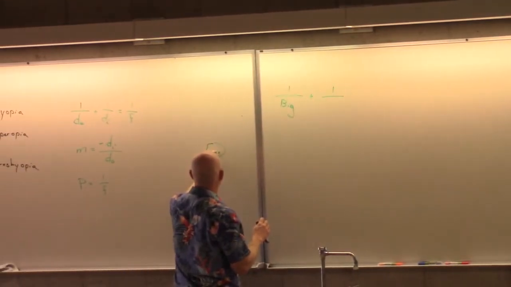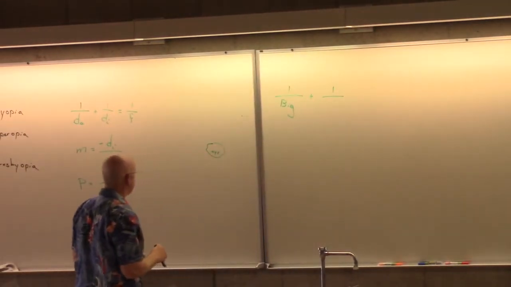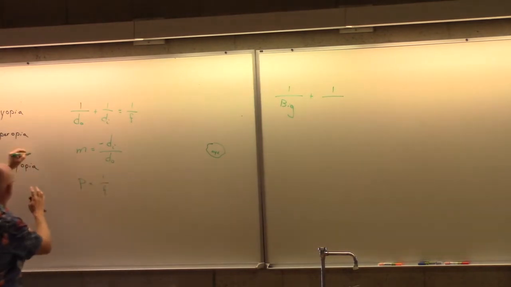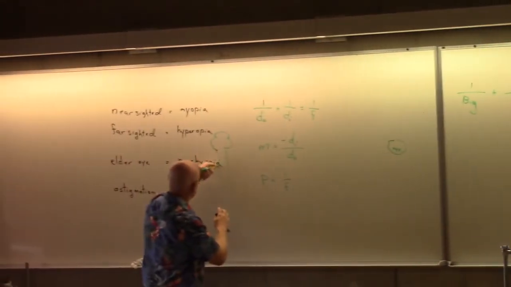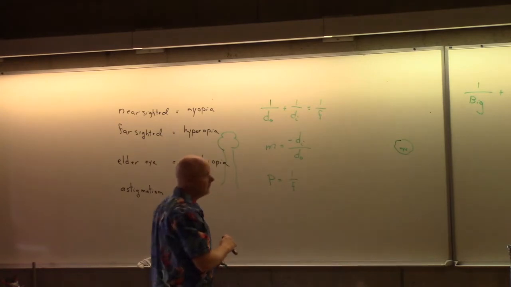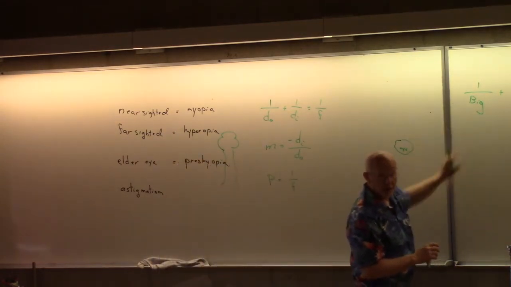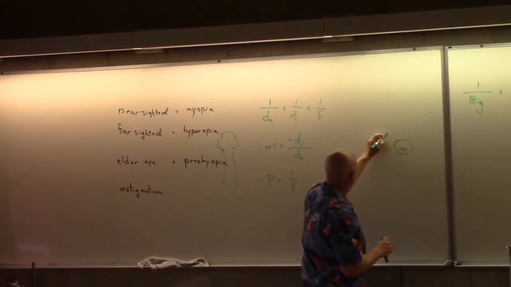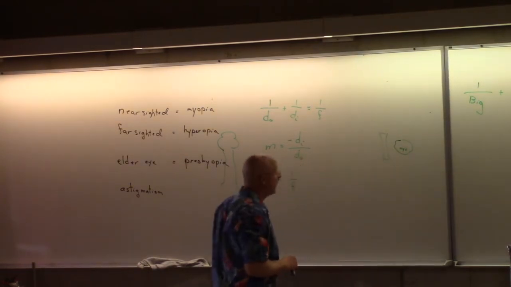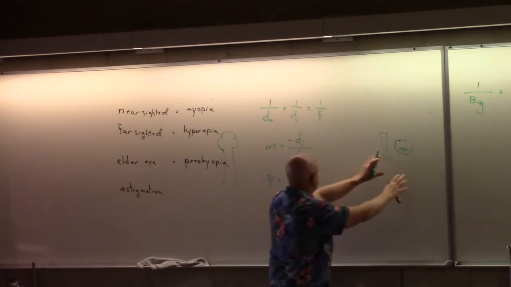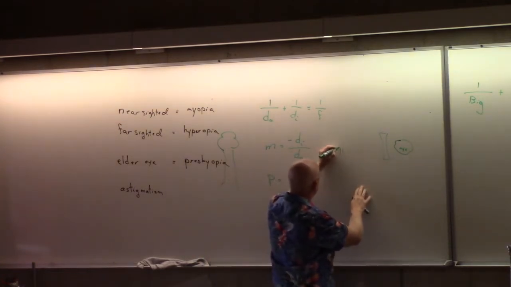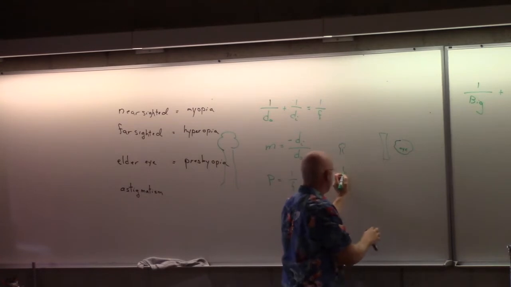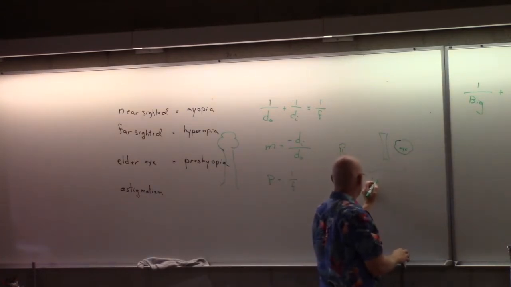Right? So if I were to draw a picture, I would say, okay, so here's the eye. And way over here is this tree I'm looking at. And so that's the big distance away, 1 over d_o. And I want to put some corrective glasses right here so that it makes an image of the tree so that this distance right here is 30 centimeters.